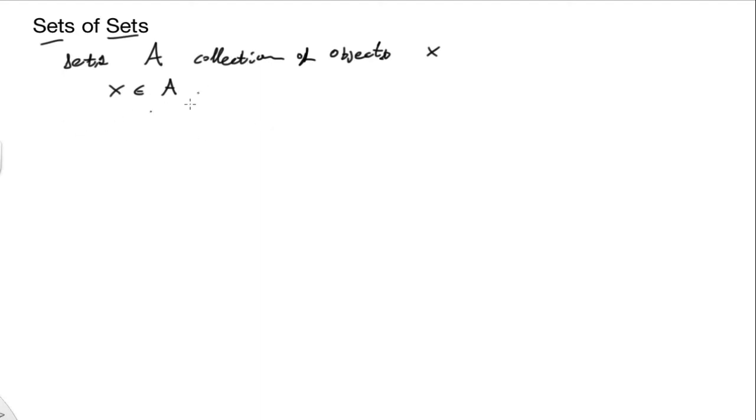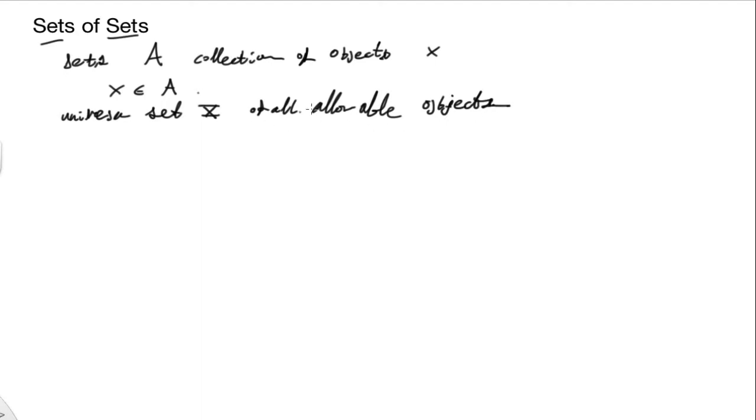All right. Now, and of course, you could have a universal set of all allowable objects X, and the idea here is that these little objects are always an element of our universal set, and the question then, of course, is X an element of A or not?